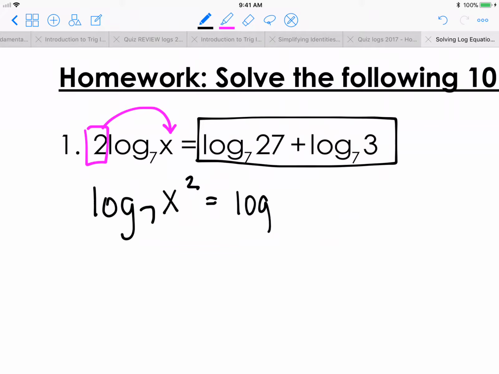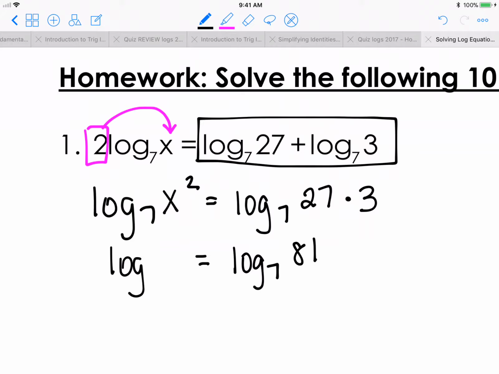You go log of 7 times 27 times 3. And I do not have my calculator on me, so I'm going to see what 27 times 3 is going to give me: 81. So we have log base 7 of 81 is equal to log base 7 of x squared.